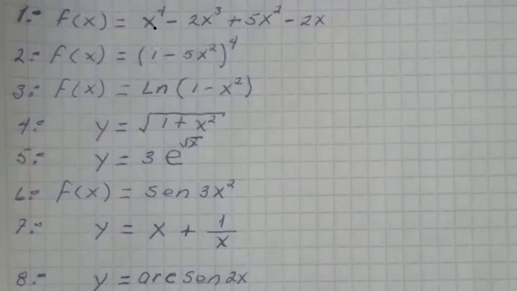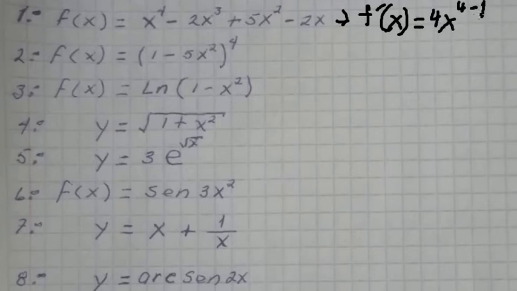For the first one, this is about number 4. So you will do the first derivative, and that's 4s to the power of 4 minus 1. 4 minus 1, you get number 3.